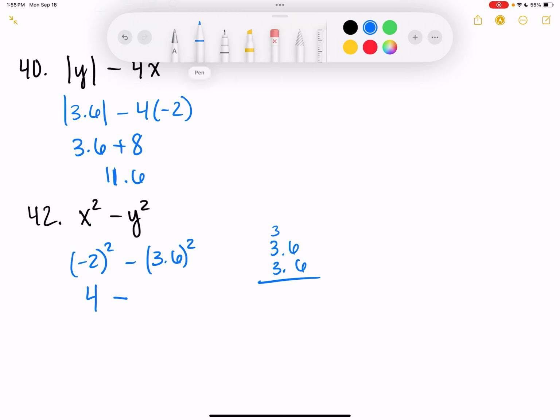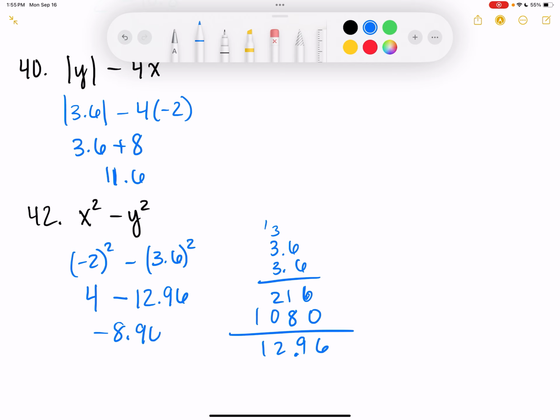Nope, I did not have the wrong number there. 3.6 squared is 12.96. So 4 minus 12.96 is negative 8.96, and that would be your answer to that one.